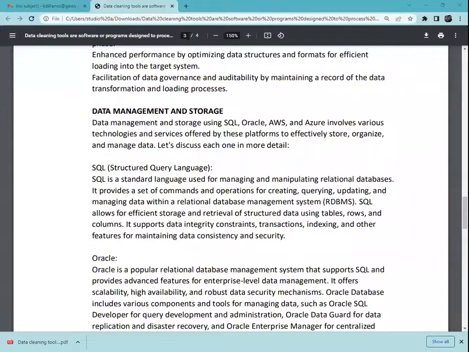So you're looking at data management and storage using SQL, the Structured Query Language. You know data like, for example, the IBC data I was speaking about here. This thing is huge.